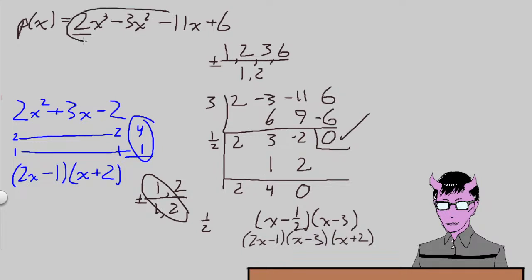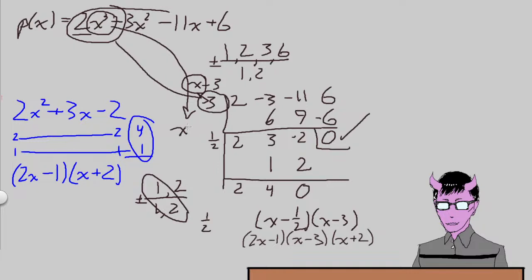We started off with a cubic function. Once we have done the first synthetic division, we are essentially dividing by x minus 3. So if you divide a cubic by a single x with an exponent of 1, you reduce the power by 1. So it will become exponent 2. This is a result from the first synthetic division.